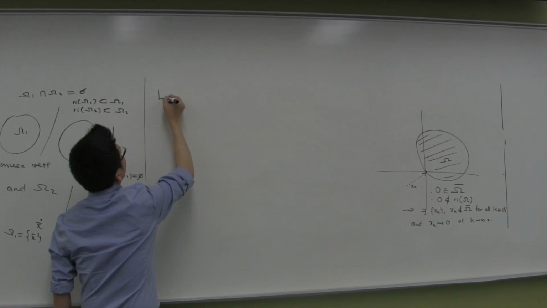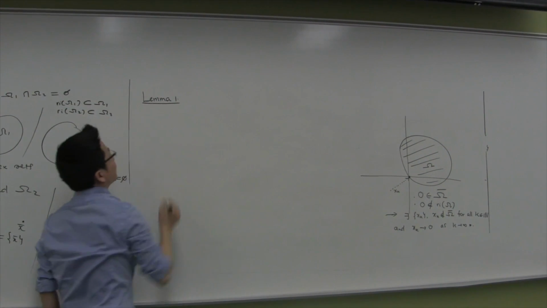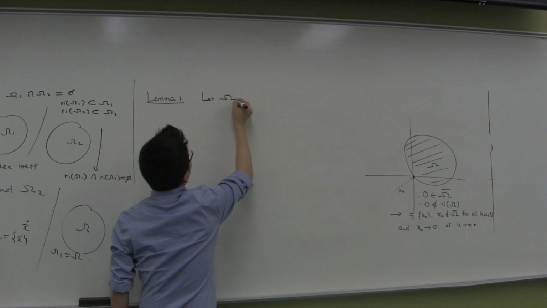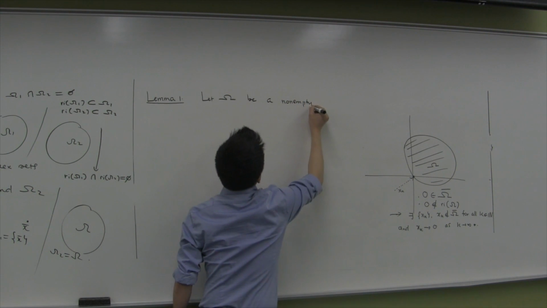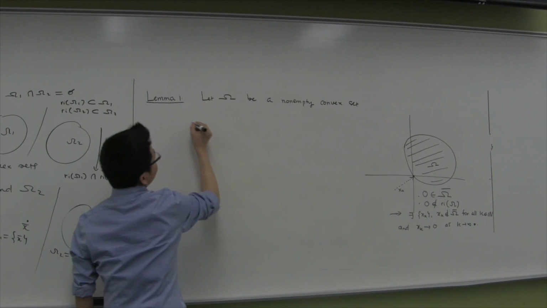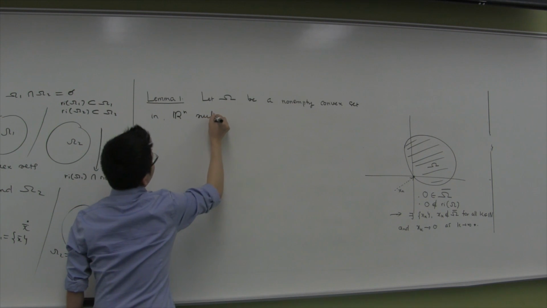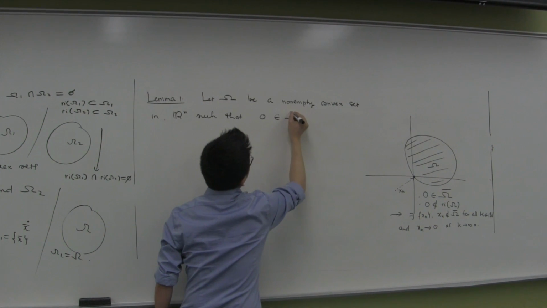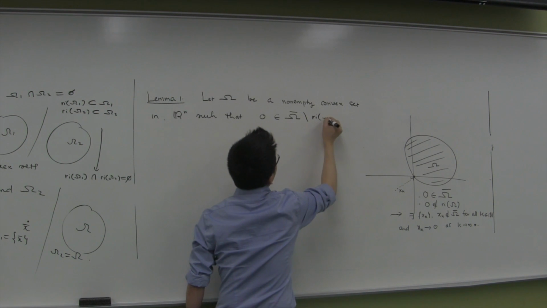So this is Lemma 1. Let omega be a non-empty convex set in R^n such that 0 belongs to the closure of omega, but 0 doesn't belong to the relative interior of omega.